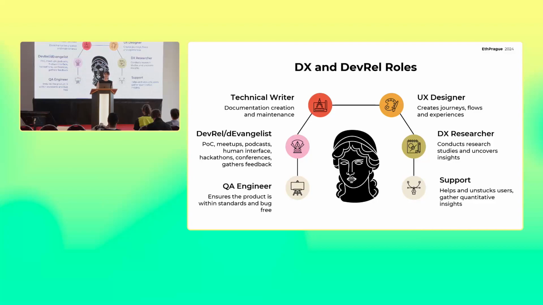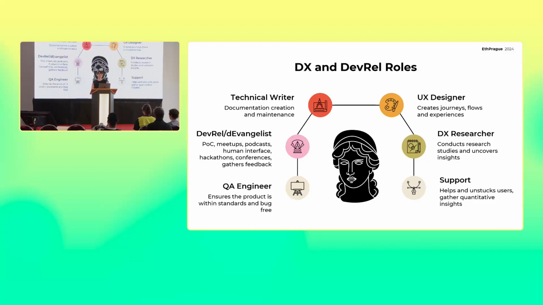Also, I would like to speak a little about DevRels, or devangelists, how I like to call them. This role is at the intersection of software development, marketing, and community engagement. This person or a group is the UI of your product, the human walking UI.